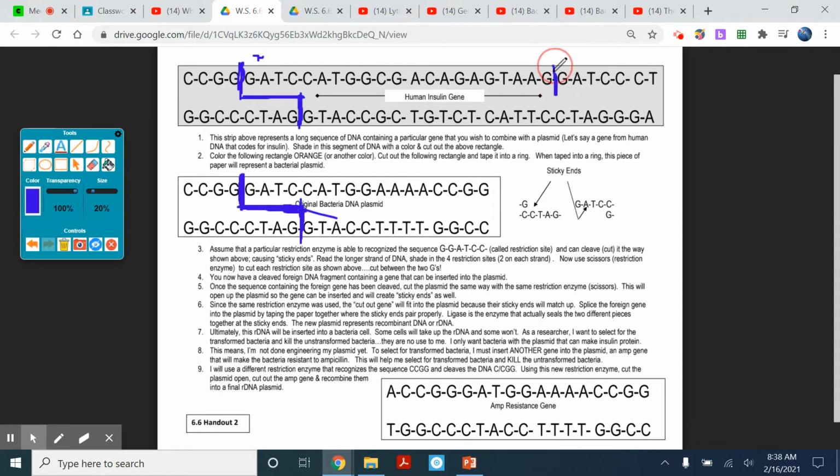So I'm going to find two Gs, GGATCC, cut down. GGATCC, I cut between the two Gs. And then connect. All right. So now we go to the human DNA and we cut out the gene.